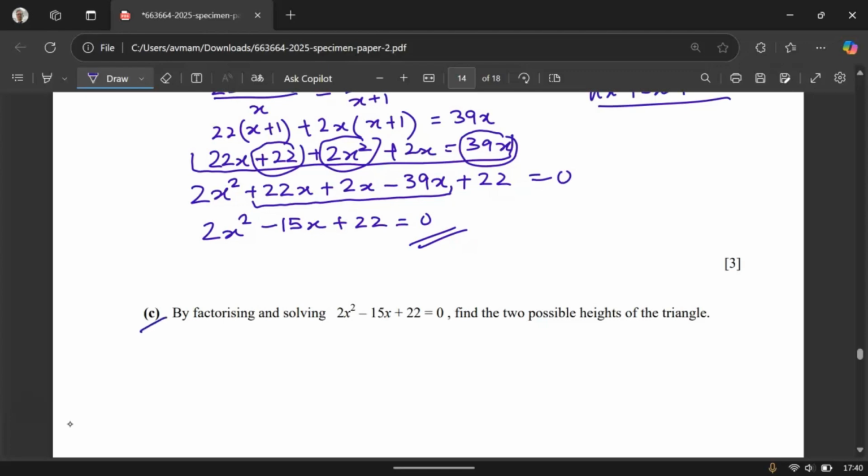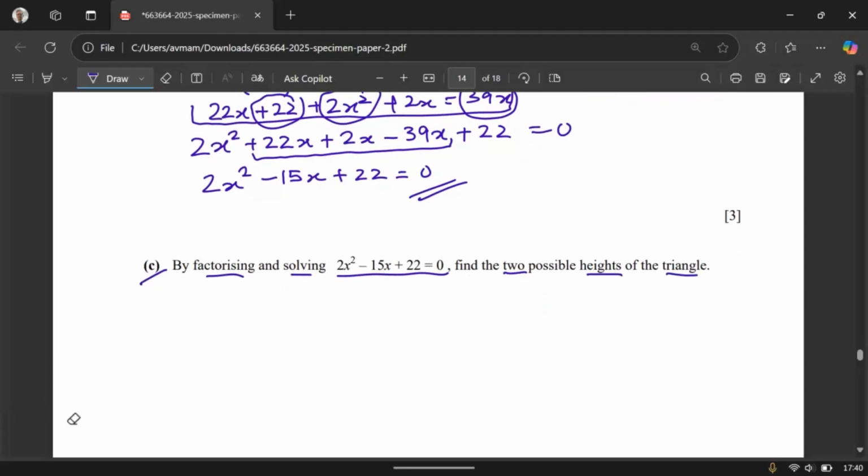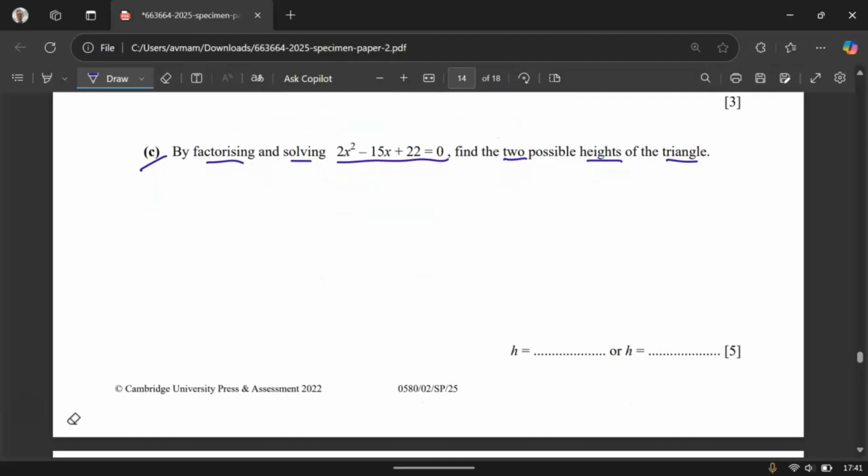Part C. By factorizing and solving this equation, find two possible heights of the triangle. So let's first factorize this. To factorize, we use the product and sum rule. You take the coefficient of x square and multiply with the constant term. So 2 times 22 is 44. And then the middle term, the coefficient of x, is the sum.